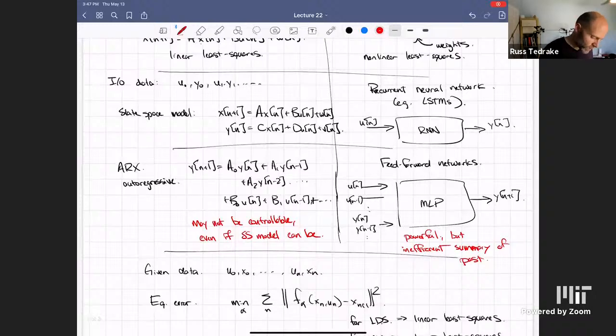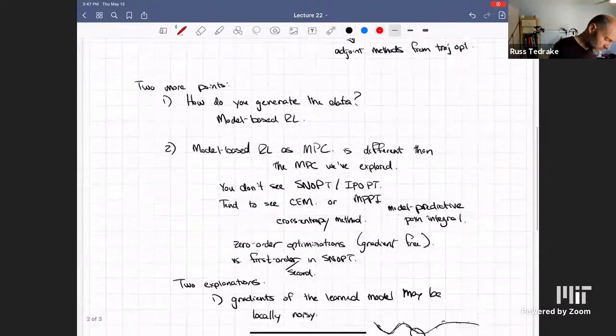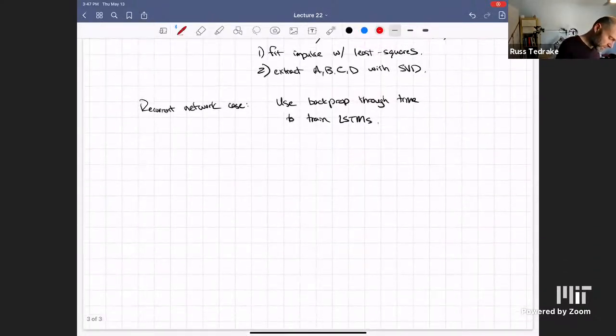Okay, just one last point to make on that. ARX versus the states, let's say, I'll call it the minimal state realization.